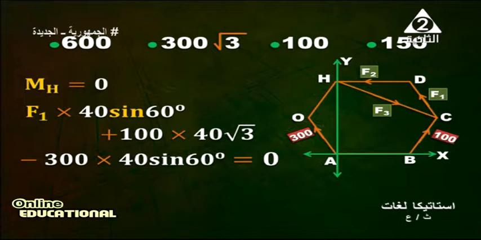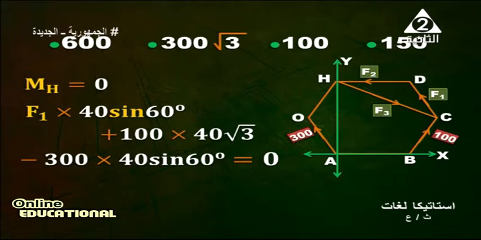My dear student, remember, when finding the distance between H and F1, or H and CD ray, we draw a perpendicular from H. The perpendicular distance to CD equals 40 sine 60. Also the force 300, the distance between H and AO ray equals 40 sine 60.